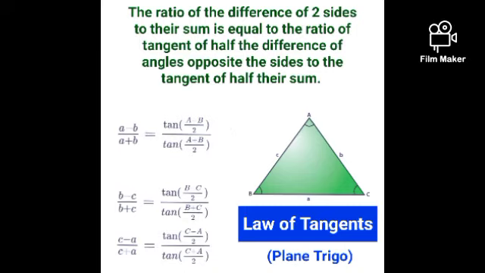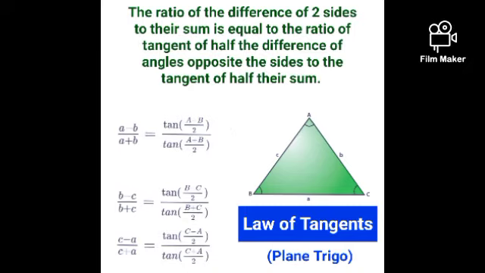Thus, if you are considering the two sides small b and small c, by the law of tangents, the ratio of the difference of the two sides, b minus c, and their sum, b plus c, is equal to the ratio of the tangent of half the difference of the angles opposite the two sides, given by B minus C over 2, and the tangent of half their sum. Half their sum is given by B plus C over 2.